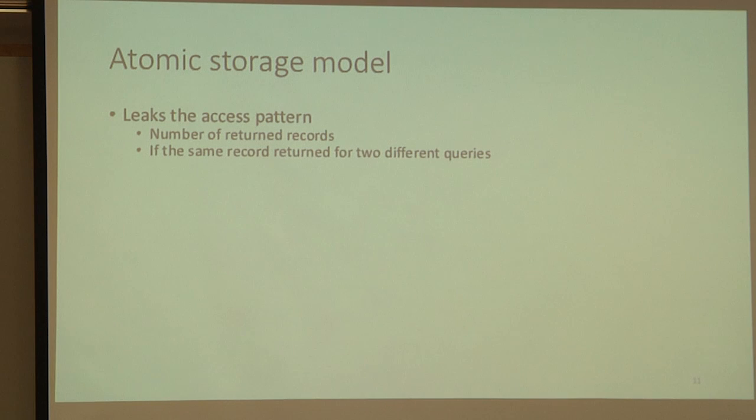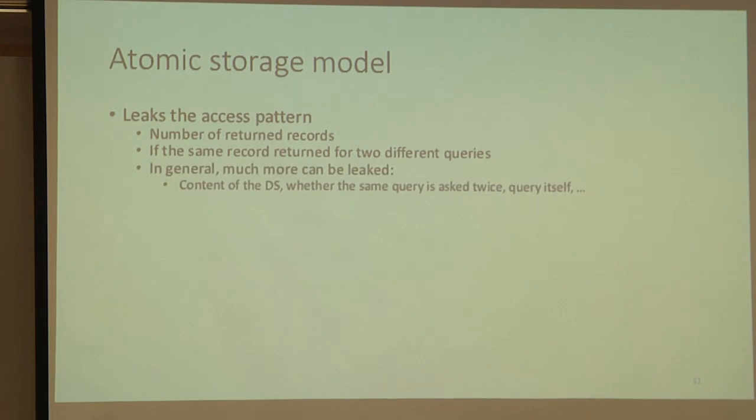The access pattern means that an adversary, let's say the cloud or someone in the middle listening to the channel, can tell which encrypted records we retrieve. Of course, they cannot decrypt the records, but they can tell if the same record is returned twice for another query. But in general, more information can be leaked.